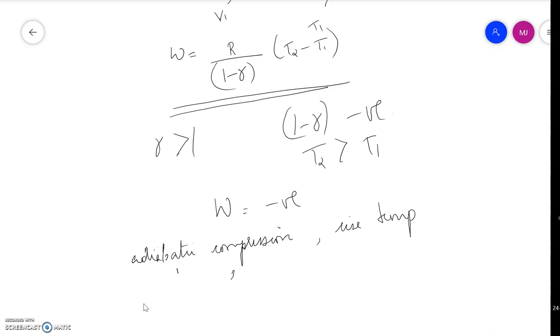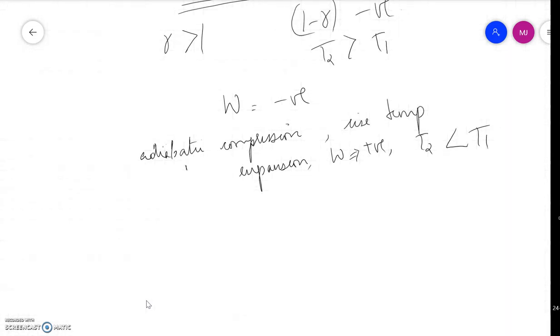Similarly, in an adiabatic expansion, since W has to be positive, which will only be positive when T2 is less than T1, or the final temperature is lower than the initial temperature. So in case of adiabatic expansion, there will always be a fall of temperature.